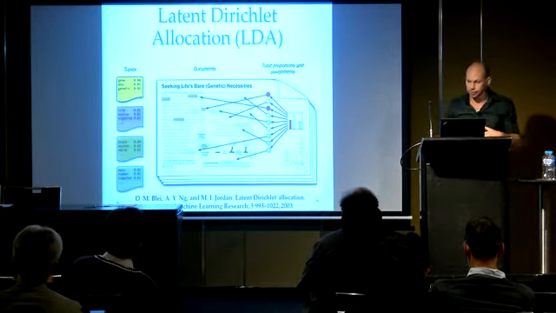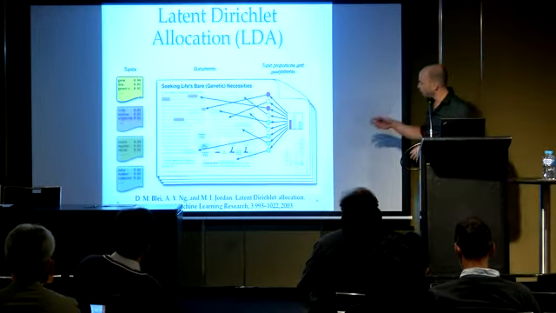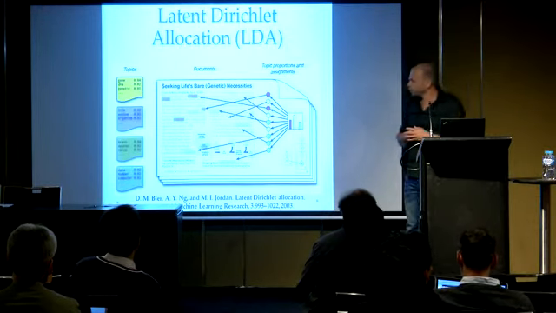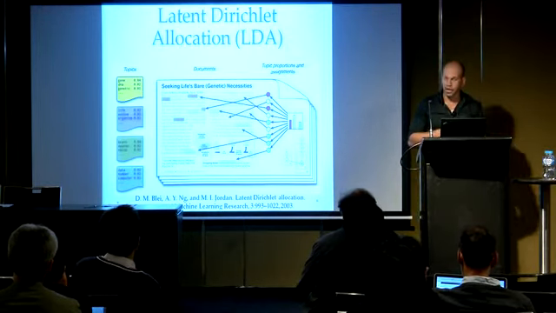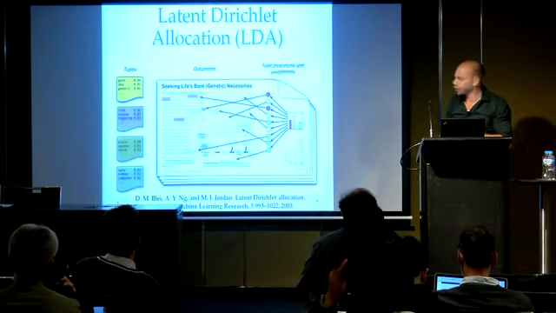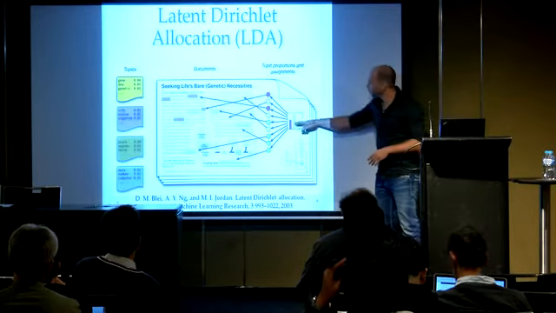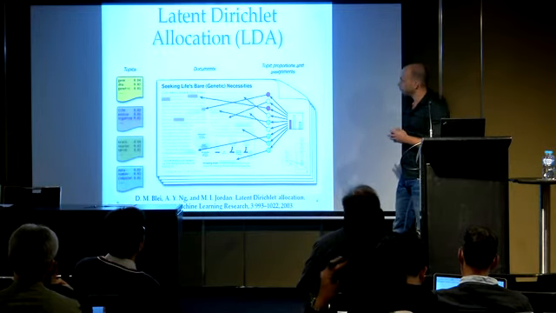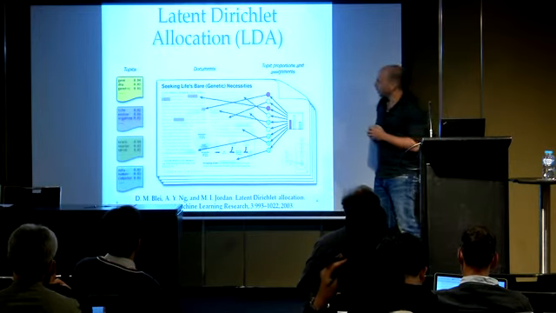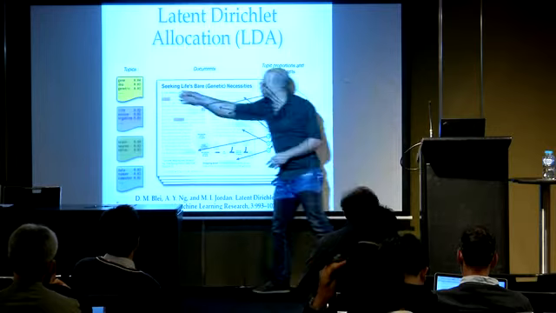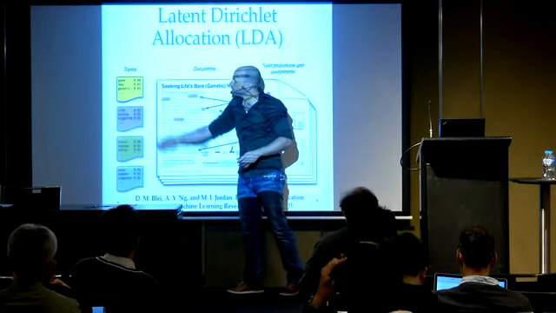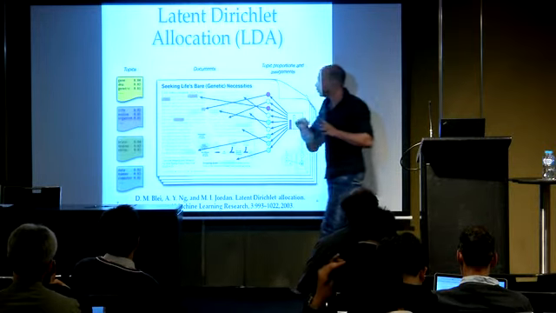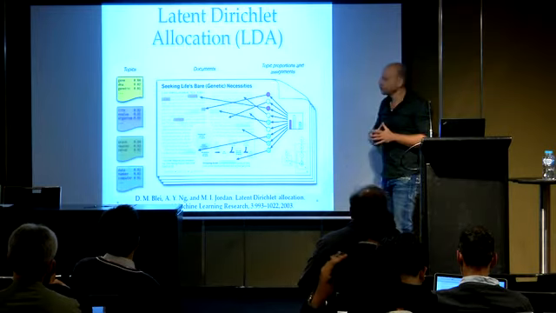The observed variables are the words, and the model learns three things. First, it learns for each document a distribution over the topics, so we can infer the main topics of the document. Second, it learns for all documents and per each topic a distribution over the words.